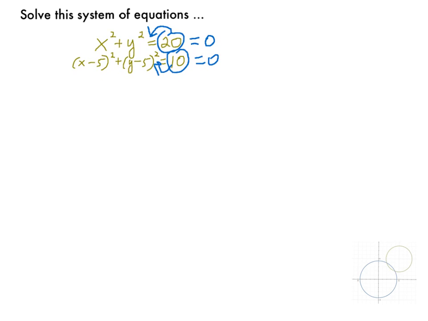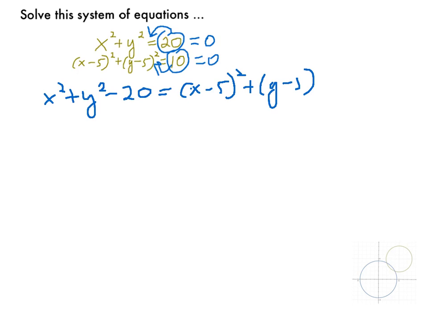Okay. So that would give us x squared plus y squared minus 20 equals x minus 5 squared plus y minus 5 squared. And we move that 10 over, and we have a minus 10. Okay, let's FOIL that out and see what we get.